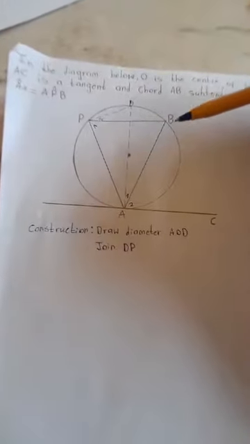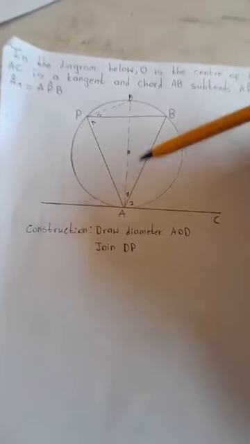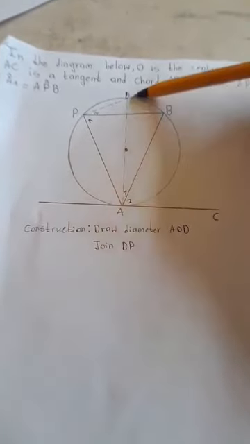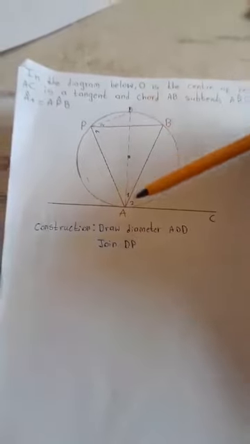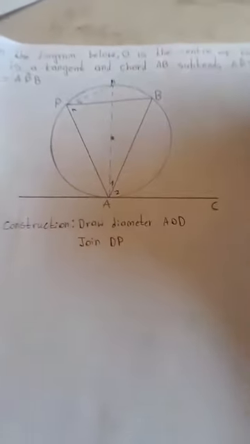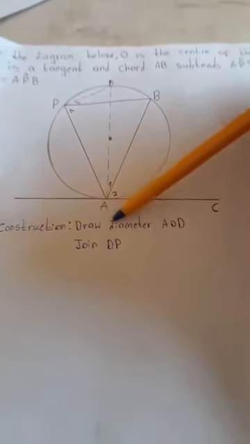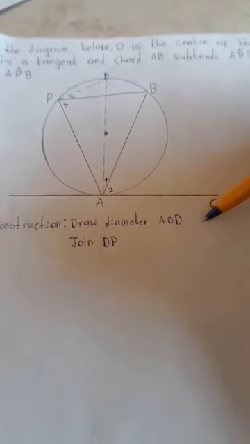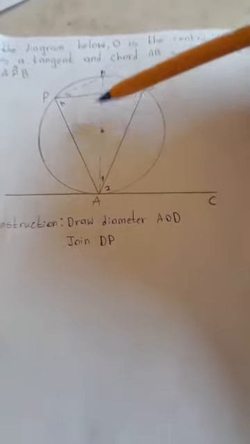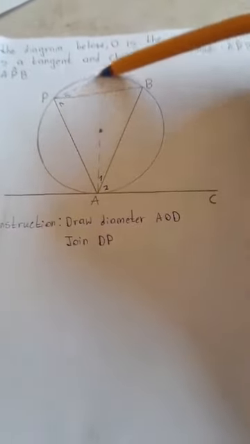And my construction is, I drew this diameter here. The diameter passes through the center, and I drew diameter AOD, which is this here, and joined DP, which is this here.